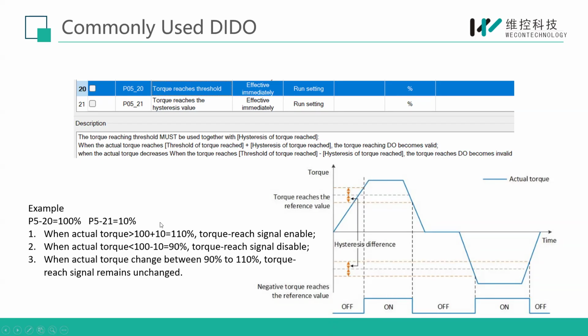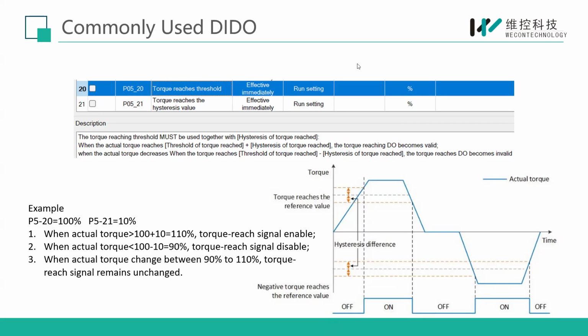And every time the torque is smaller than 90%, this torque reach signal will become disabled, off status. And when the torque is changing between 90% and 110%, this torque reach signal will not change.